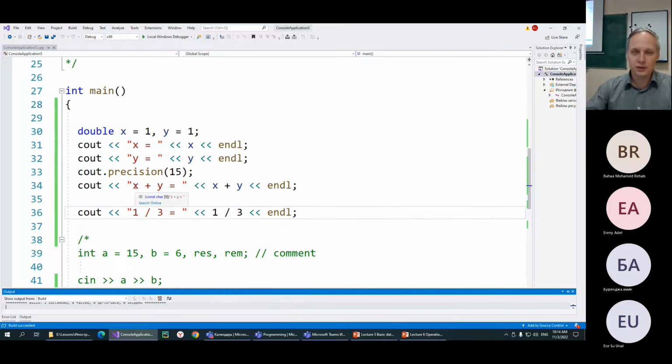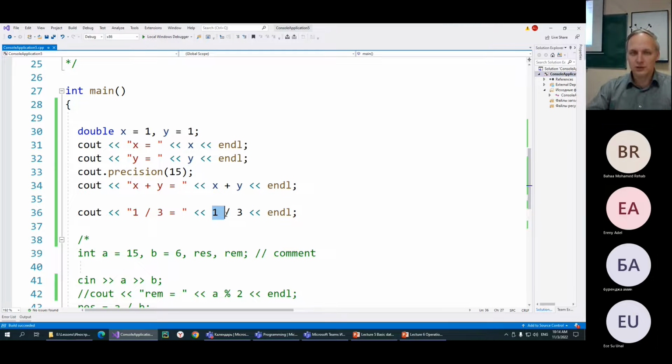Because these two numbers, 1 and 3, will be considered by the compiler as integer numbers. Integer 1 and integer 3. And when you divide one integer number by another integer number, the result will be the integer part of the division. For 1/3, the integer part is 0.